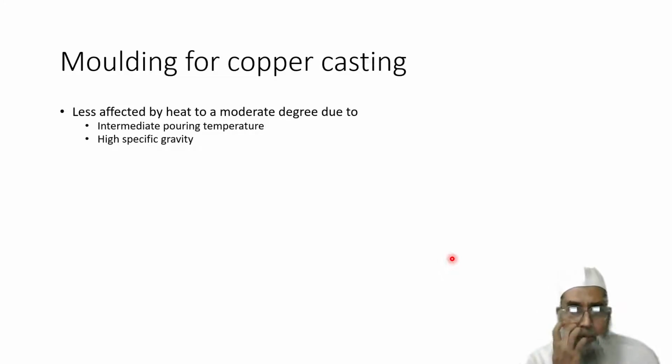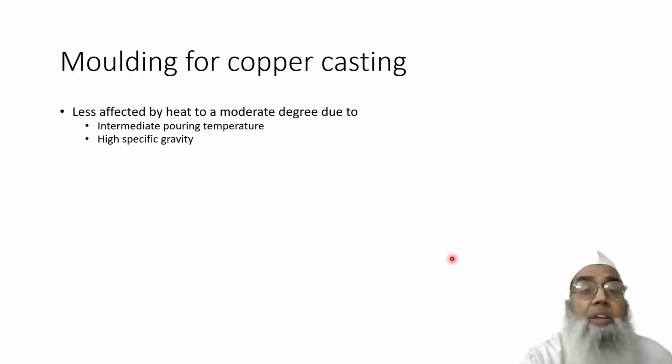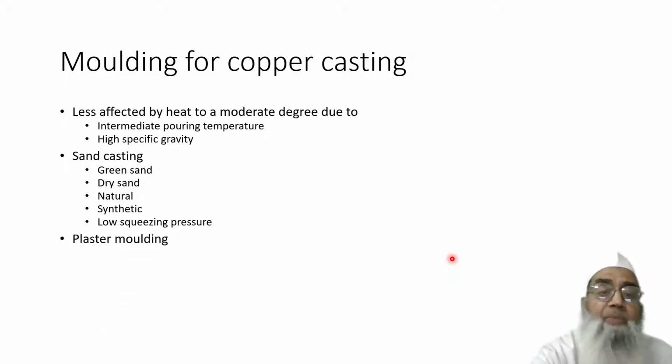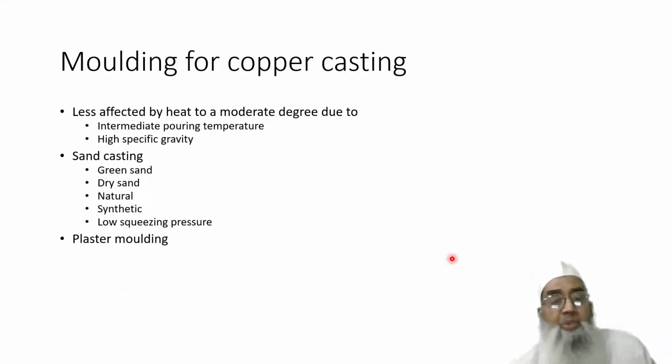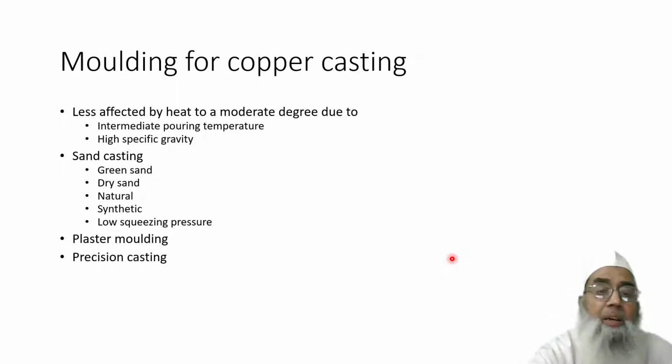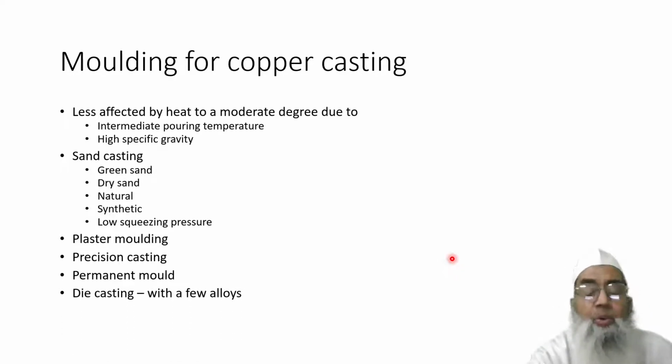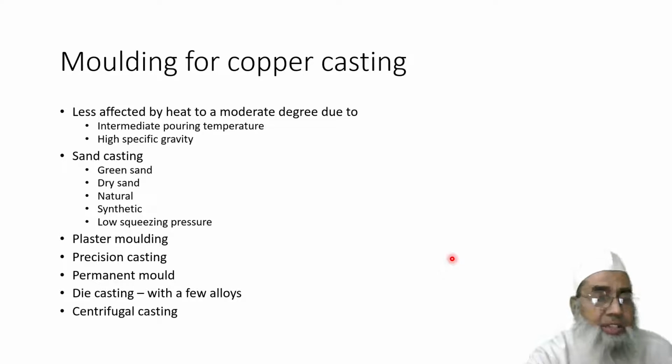However, intermediate pouring temperature and high specific gravity allow sand casting like green sand casting and dry sand casting, using natural sand or synthetic sand, but we generally use low squeezing pressure while molding. However, to have a better finish, we can go for plastic molding, precision casting, permanent mold, and die casting with a few alloys. Centrifugal casting of big pipes can be done for copper.